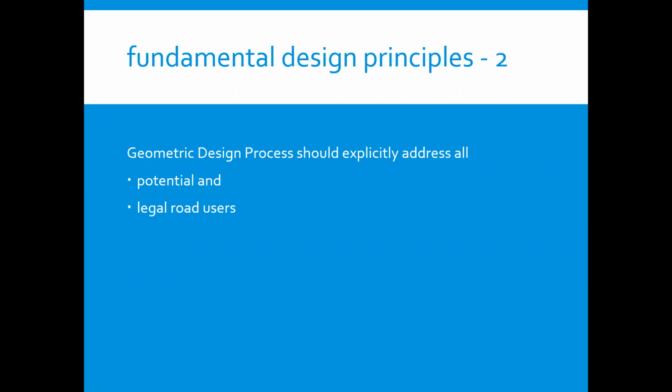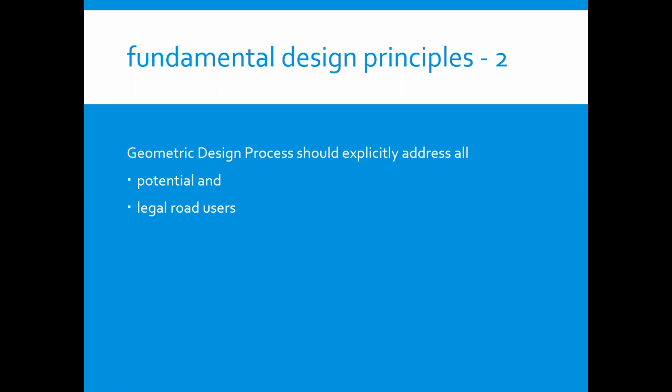The geometric design process should direct the evaluation of the need to provide the transportation service for each of the user types and the spatial and operational design requirements to serve all users.